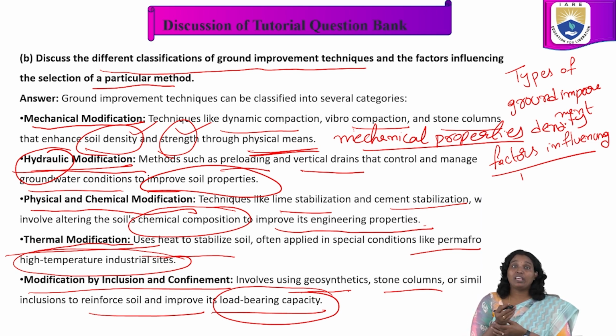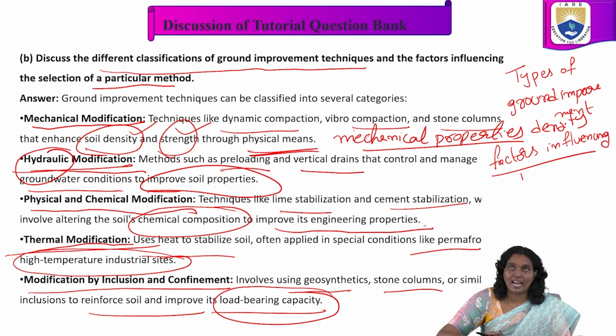Such a type we categorize as modification by inclusion and confinement. We use those techniques for improving the load bearing capacity, and also whenever reinforcement is required for the soil. Like this we are going to categorize.